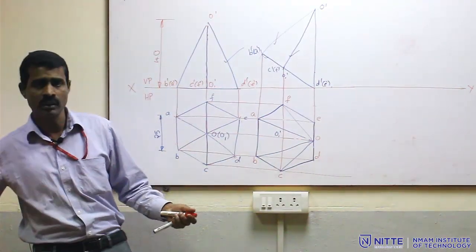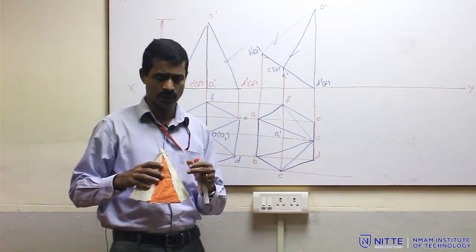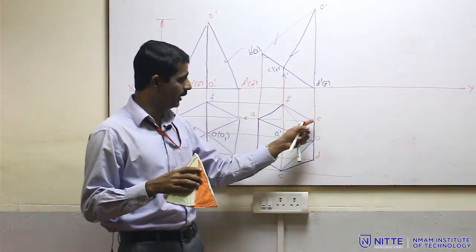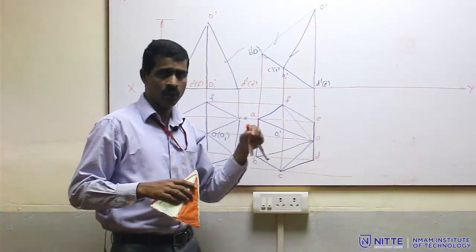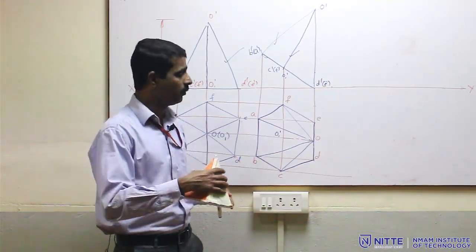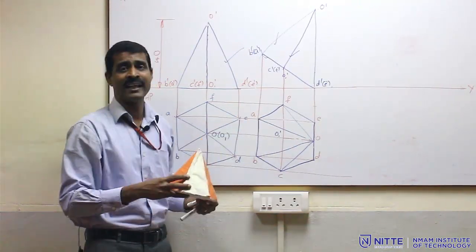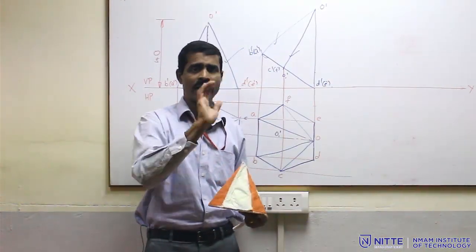Now, in the third step, with respect to VP, what is mentioned is this particular edge which is perpendicular to HP, that is ODE, O dash D dash E dash here, and it is ODE here, which is parallel to VP. What do you mean by parallel to VP? Parallel to VP means parallel to XY line in the top view. Parallel to VP and nearer to it.